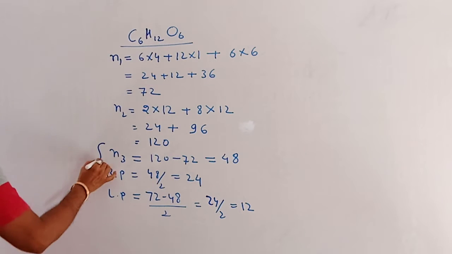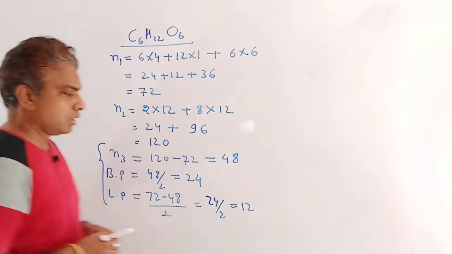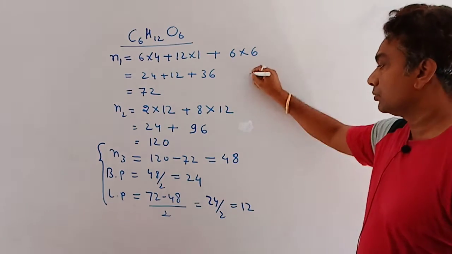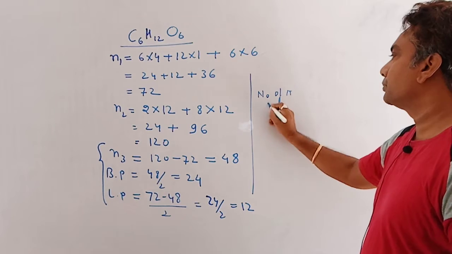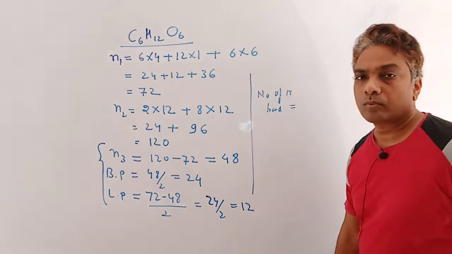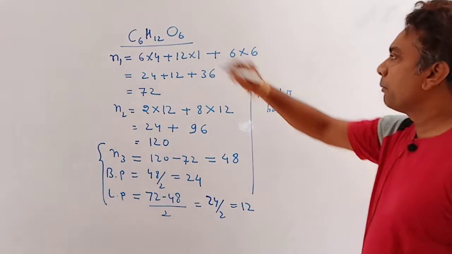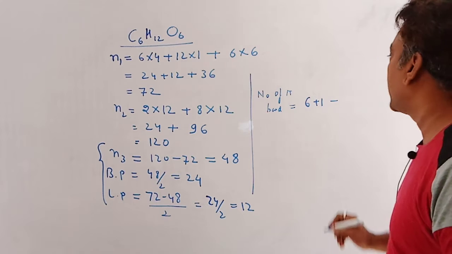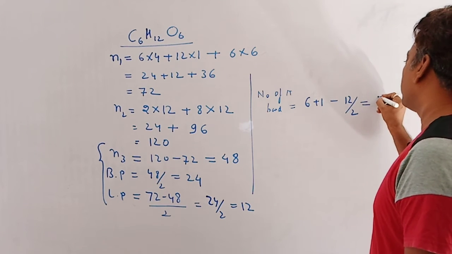So here is the detail in case of C6H12O6, and the number of pi bonds also. Number of pi bonds: tetravalent atom, carbon 6, plus 1, minus monovalent atom, hydrogen, divided by 2, so the value of pi bond is 1.